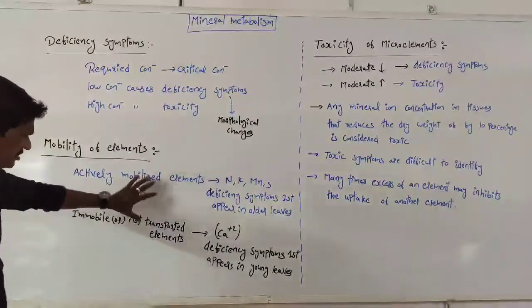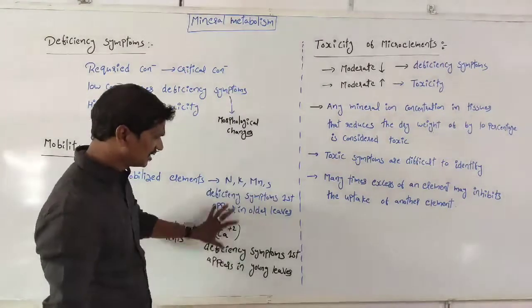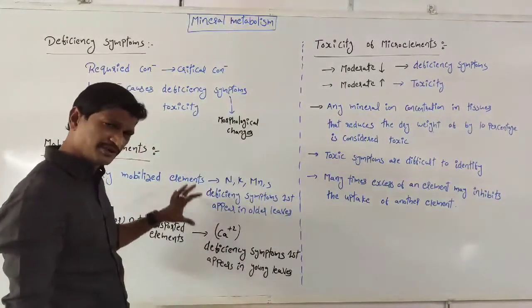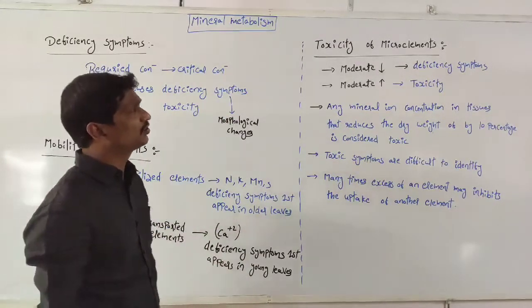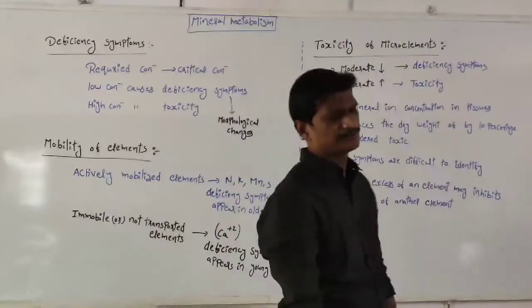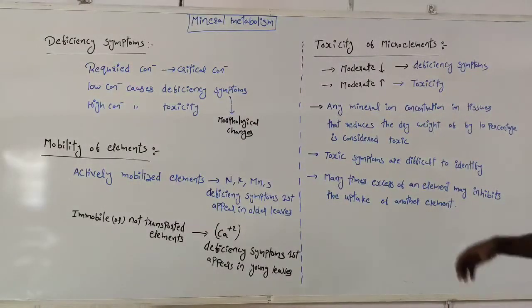So this is a very important area: minerals and their functions, and deficiency symptoms appearing in old leaves and young leaves. Now, toxicity of microelements. We already discussed moderate concentration, which is the required concentration. Less than moderate concentration produces deficiency symptoms.